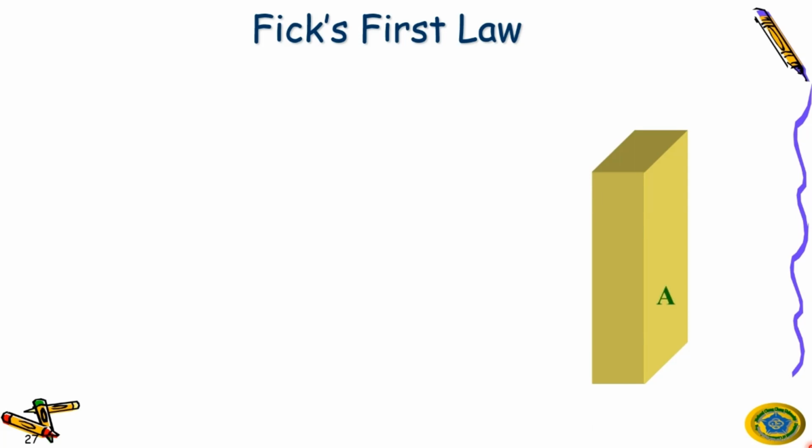Fick's first law is that you have a plate, right? The surface area is A, and the thickness of this plate is delta X. And then the concentration at the left-hand side is C1, and the concentration on the right-hand side is C2. Okay? And then now you have species.